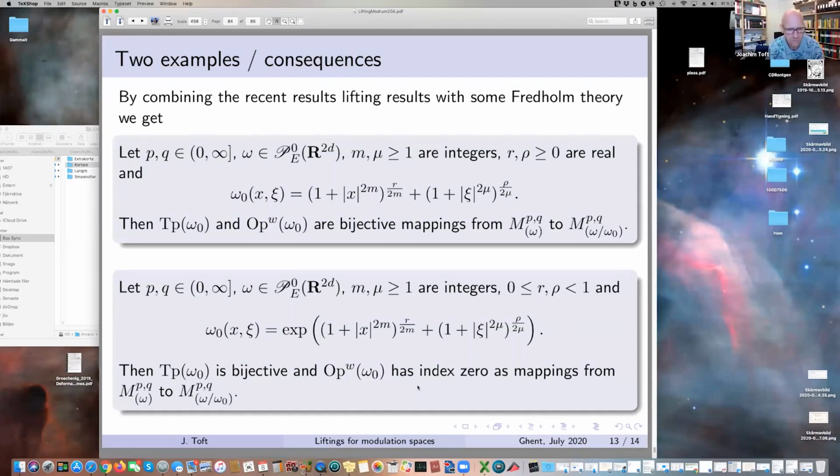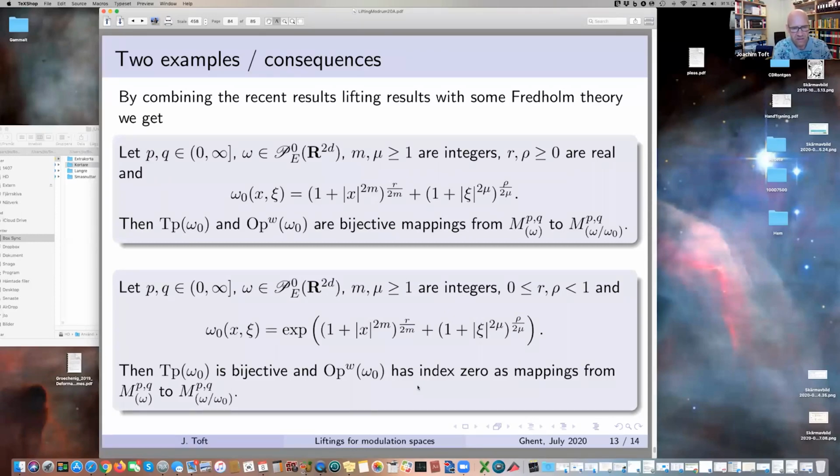You mean? Yes, in the classical index theorem for Toeplitz operators, the index of a Toeplitz operator is the winding number of the symbol. I mean, if you look here, the Toeplitz operator itself is bijective.